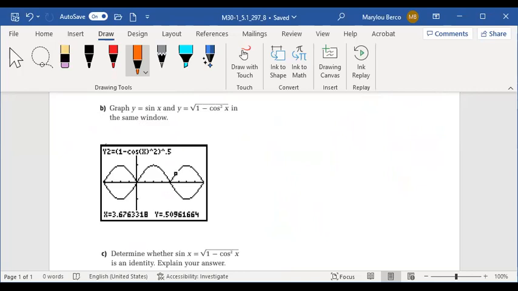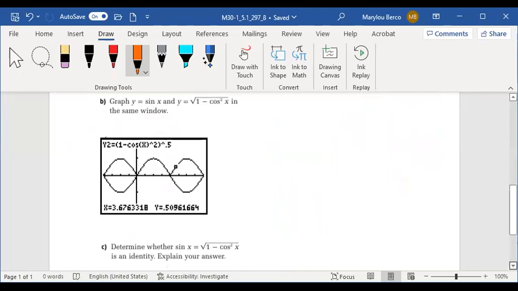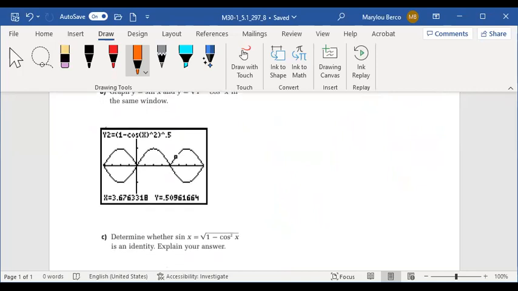Determine whether or not sine x equals root 1 minus cos squared x is an identity. Explain your answer. Well, the equation is not an identity.